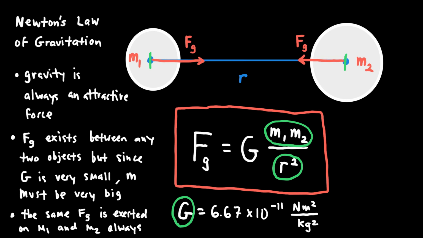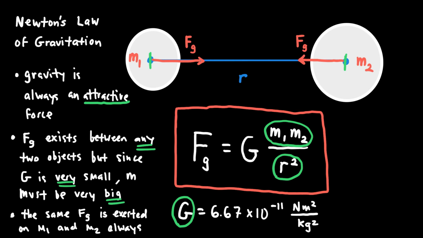And this is why, while gravity is always an attractive force, and gravity always exists between really any two objects, the fact that G is so small, it's a very small number, in order for the gravitational force to be like anything appreciable, the masses have to be very big, right?